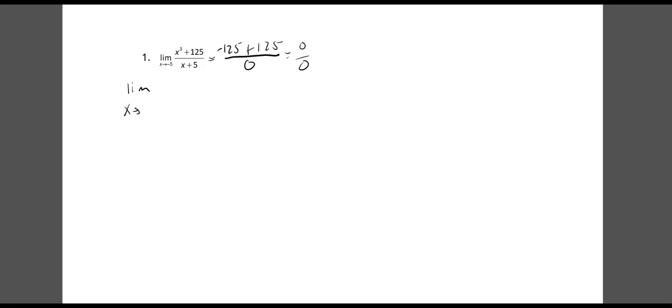So the limit as x goes to -5 of x plus 5 times x squared minus 5x plus 25. That cancels out. And so you have the limit as x goes to -5 of x squared minus 5x plus 25.